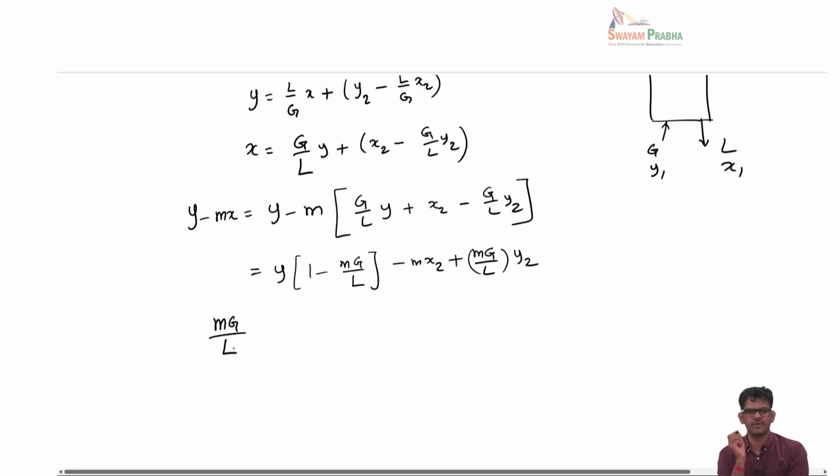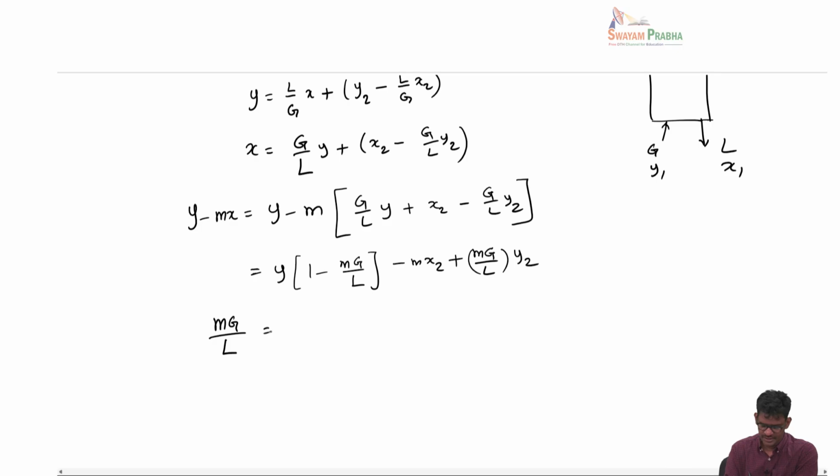What do you think about this term mG by L? What does this signify? What is m? Slope of the equilibrium line. What is L by G? Slope of the operating line. So there is a coefficient that's coming up, that is a ratio of the slope of the equilibrium line to the operating line.